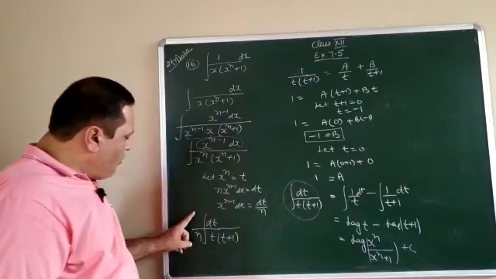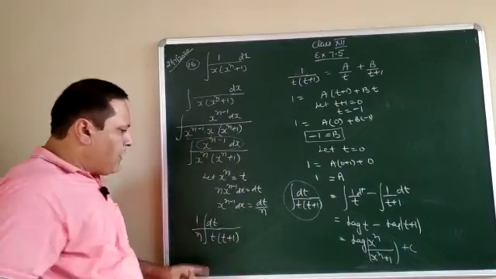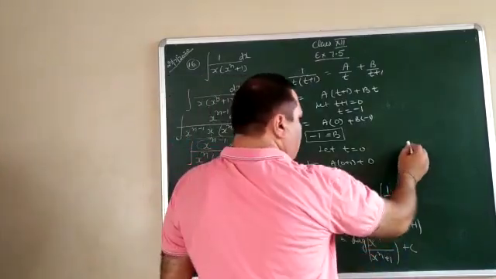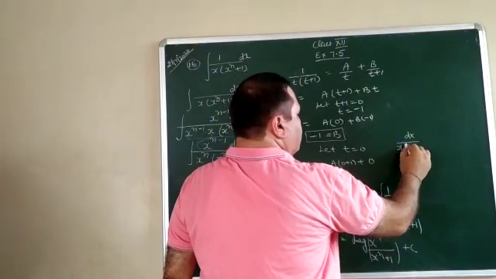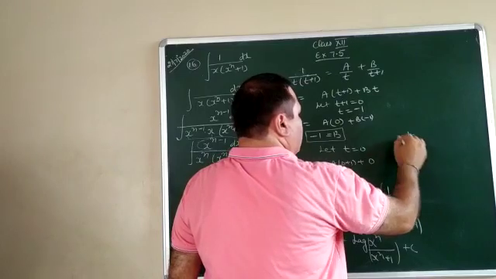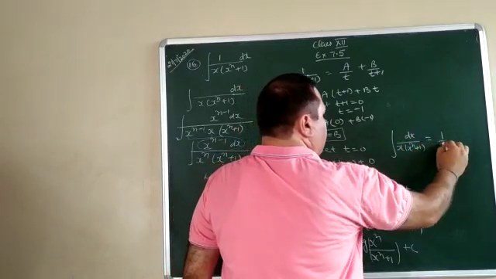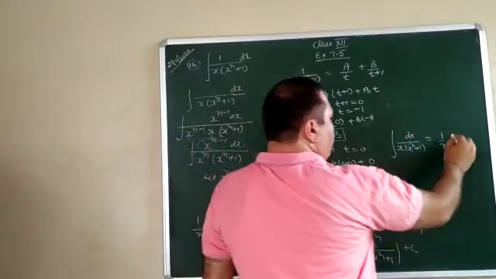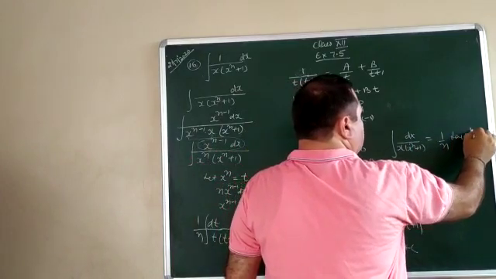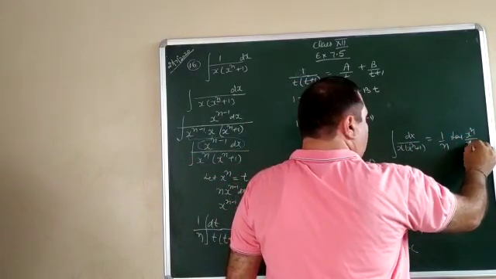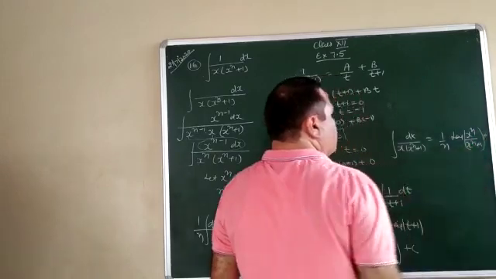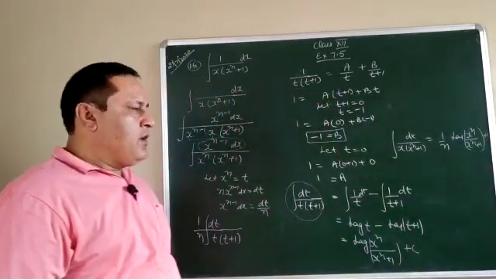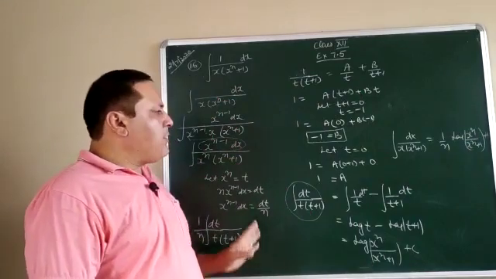Now we have one more factor, that is 1 upon n. So the integration of dx upon x to power n plus 1 is equal to 1 upon n along with log of x to power n upon x to power n plus 1, plus c, the constant of integration. Now see this one. This is a quite important question.